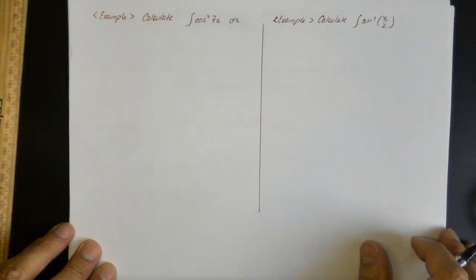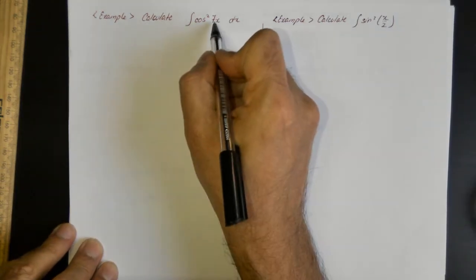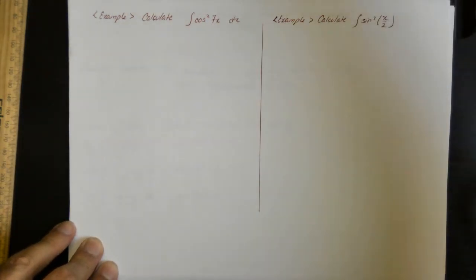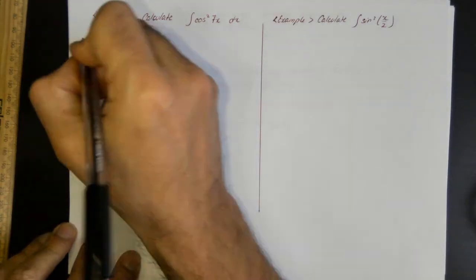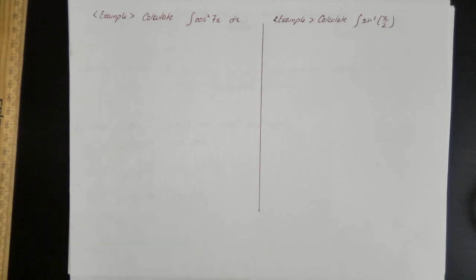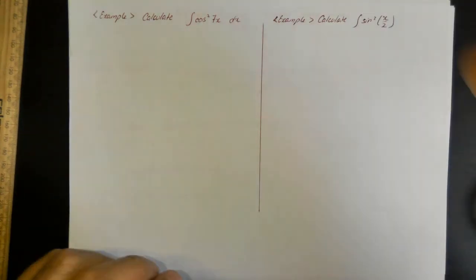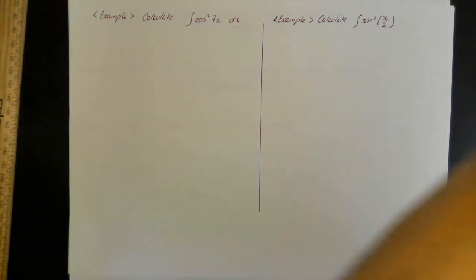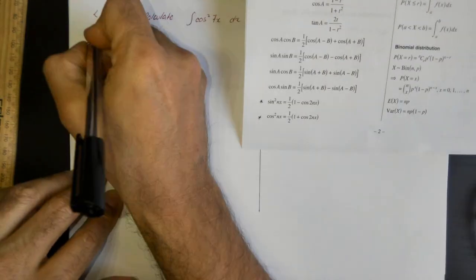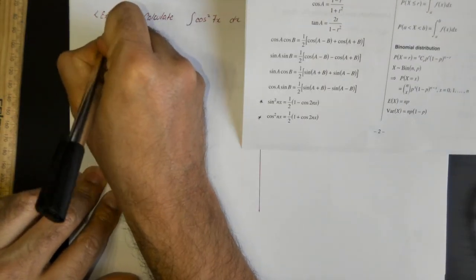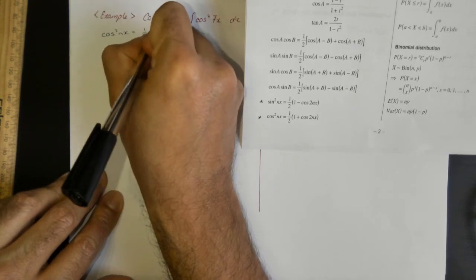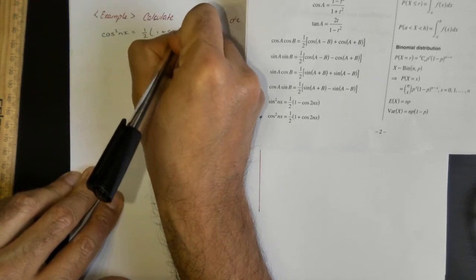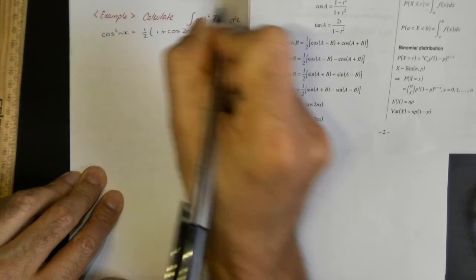Okay, so we're going to calculate the integral of cos squared of 7x. Knowing that, we're going to use this identity: cos squared nx equals a half of 1 plus cos 2nx.